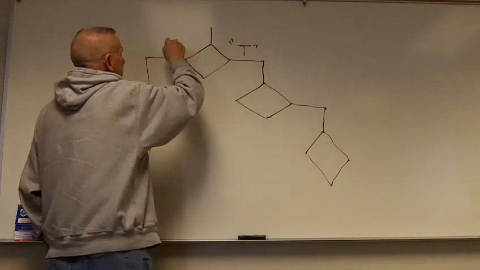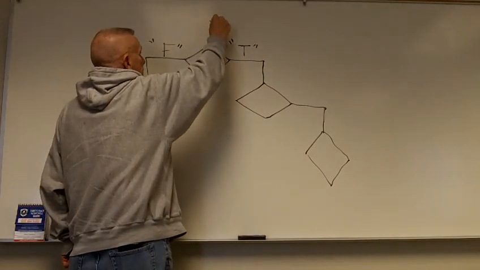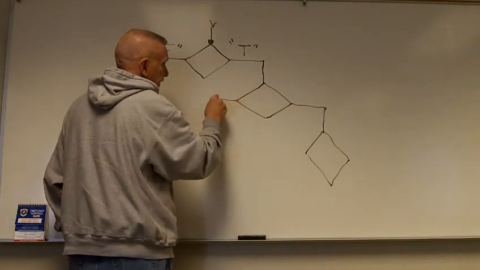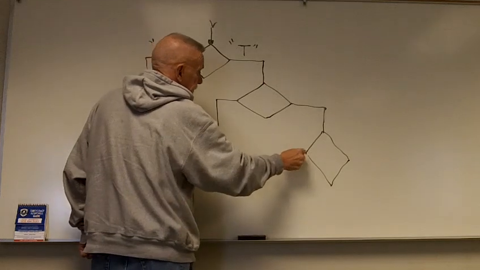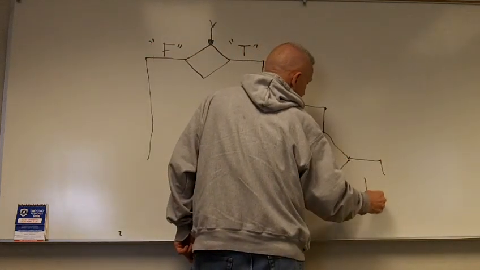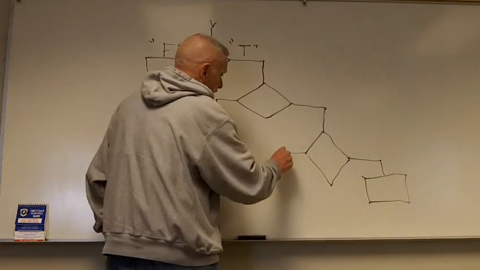So we got our true here, our false here, coming in from the top. And I've got these three decisions to make. And in the final one, I have a process if they pass all these decisions.